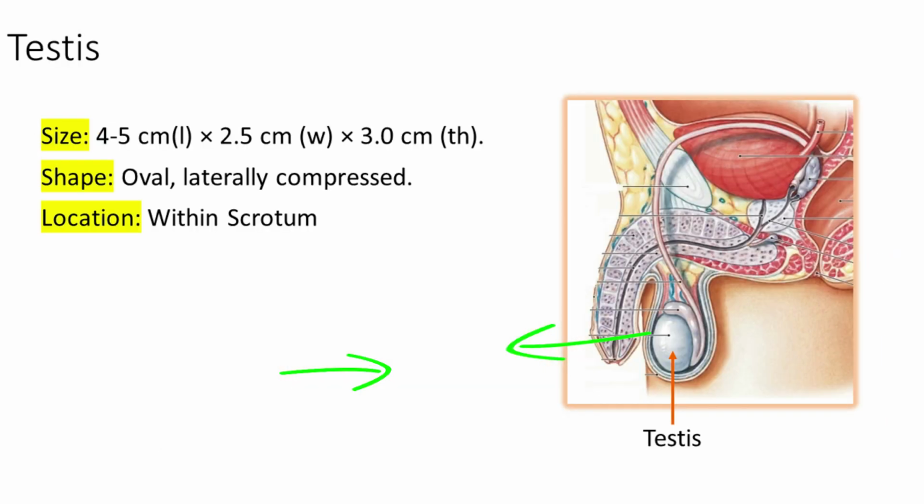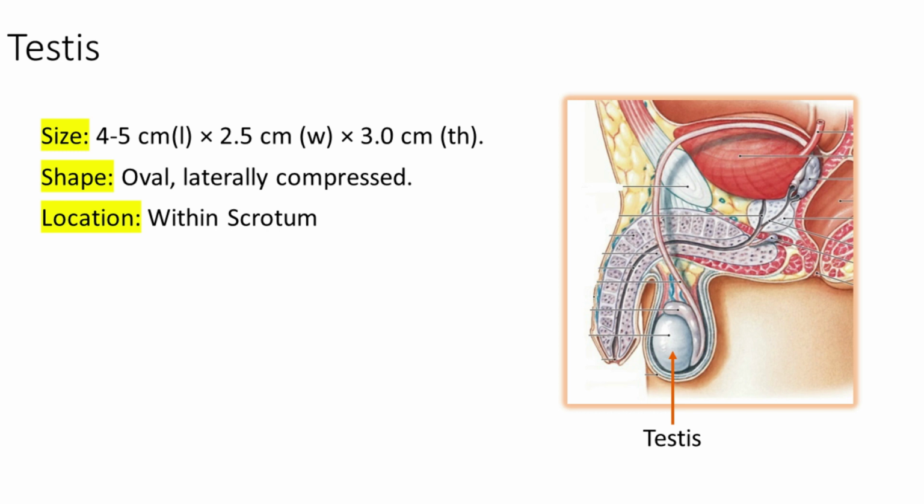Let us see the anatomy of the testes. Each testis measures approximately 4 to 5 centimeters in length, 2.5 centimeters in width and 3 centimeters in thickness. Testes are oval in shape and a little bit laterally compressed.